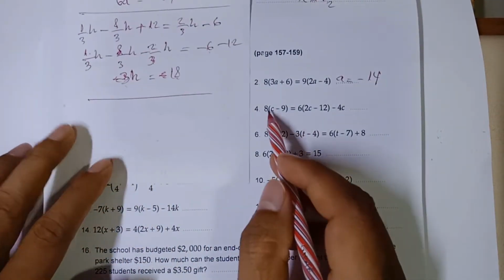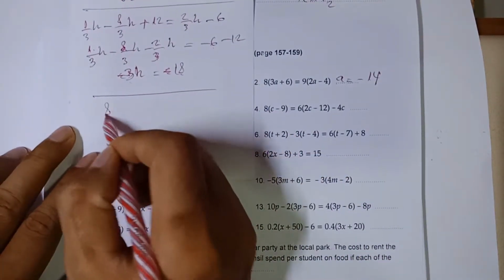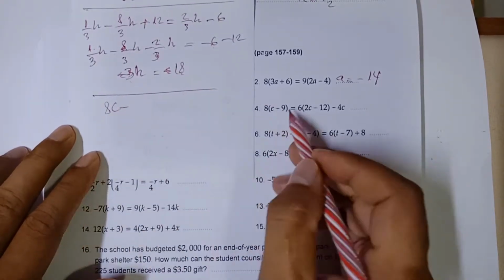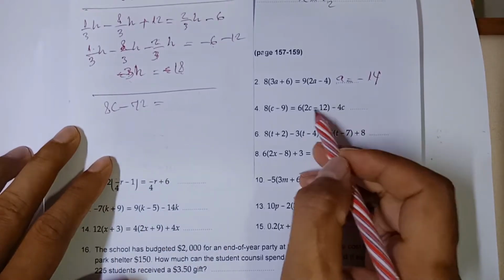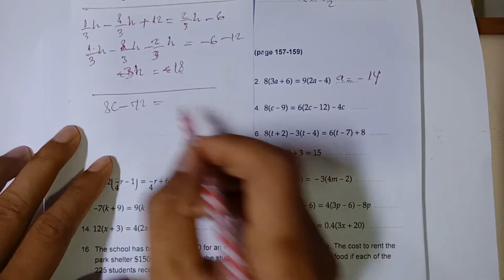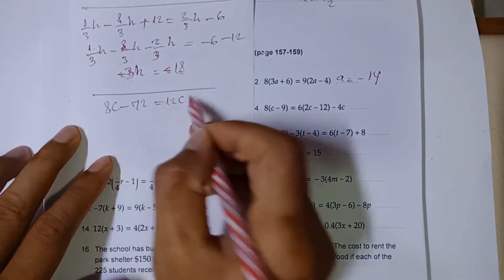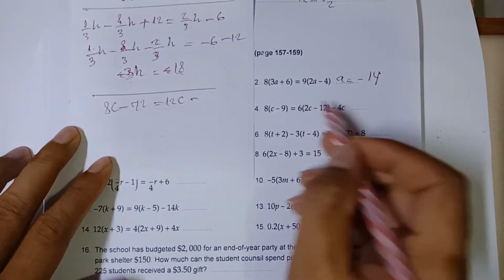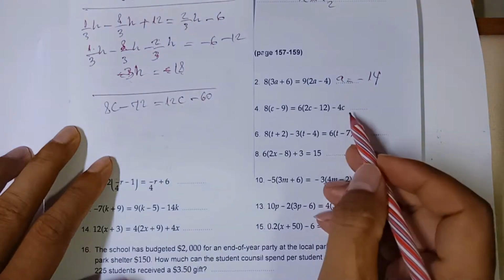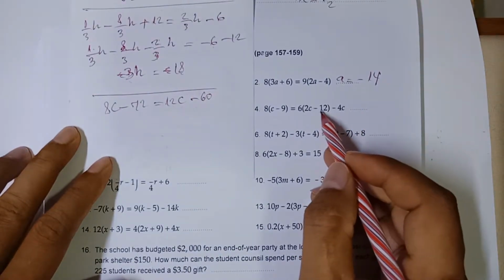Number 4, multiply in again. 8 times c, you got 8c. This is minus 8 times 9, which is 72, equal to 6 times 2, which is 12c. And then it's minus as well, 6 times 12, which is 72.